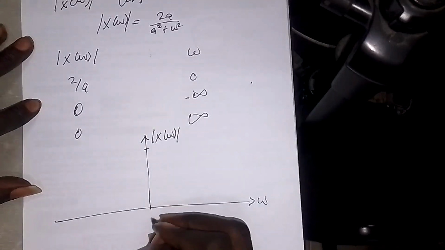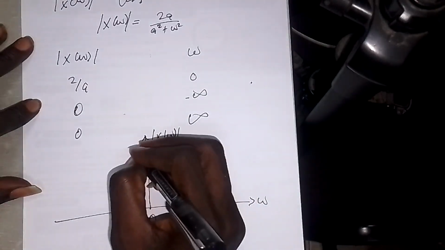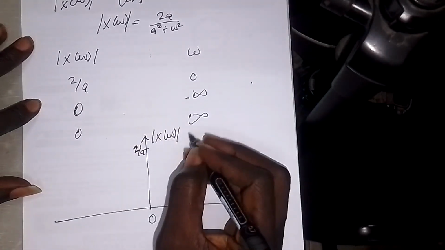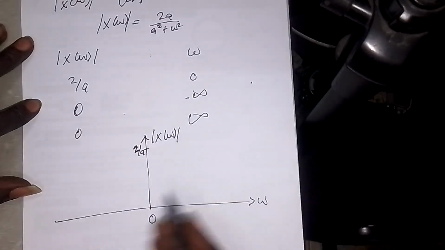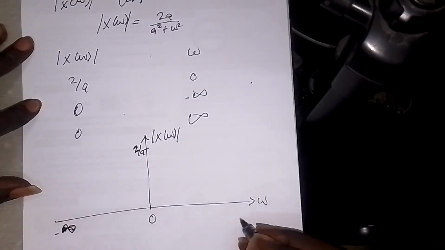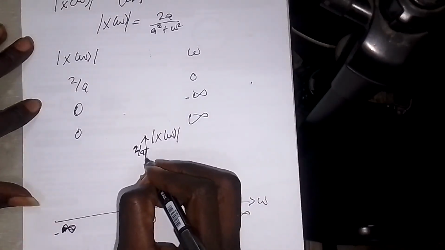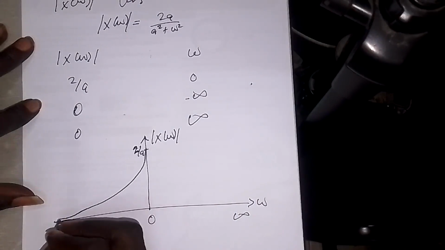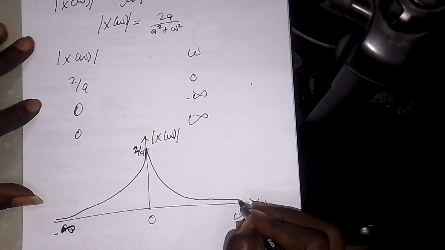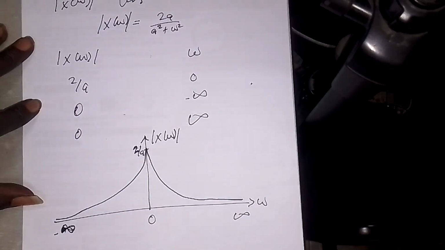The highest value here is 2 on a, and then you have 0 at minus infinity and at infinity. So you're going to get something like this, and this one you're going to get something like this. That will be your magnitude spectrum.